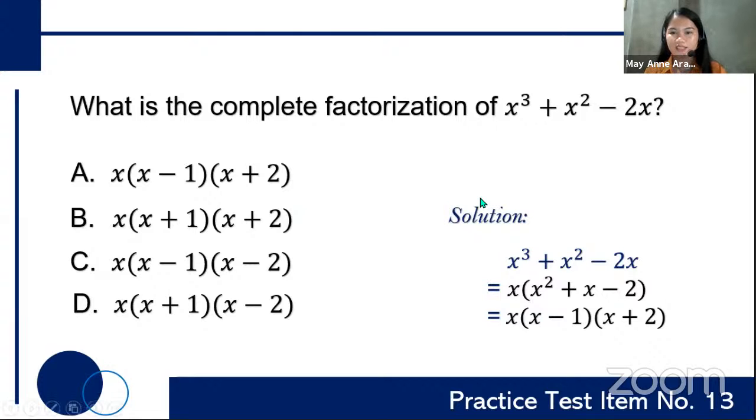What is the answer? Letter A. The answer is letter A. Not D. Basta yung gitna dapat titingnan nyo dun. Yung 2. Okay? Nakuha ba? Hindi D ha. Okay, next na.